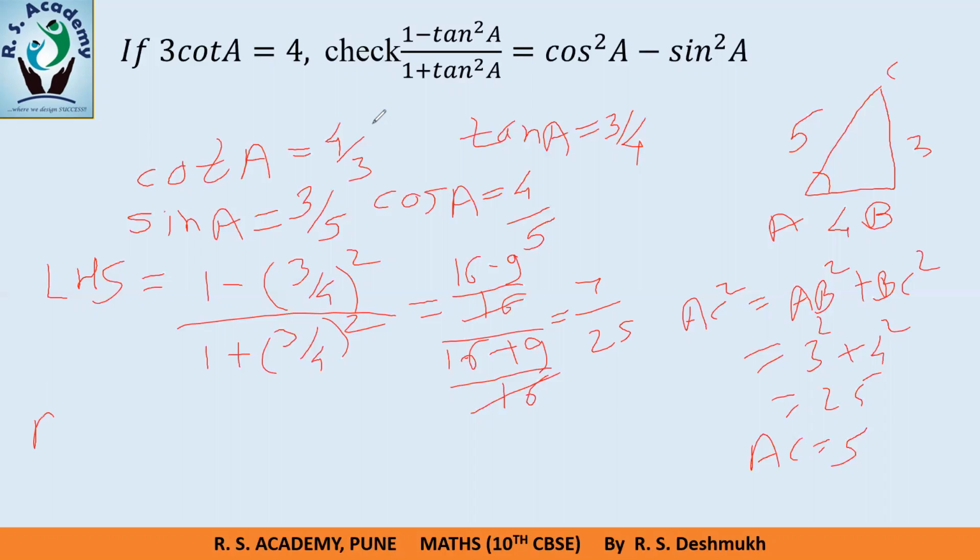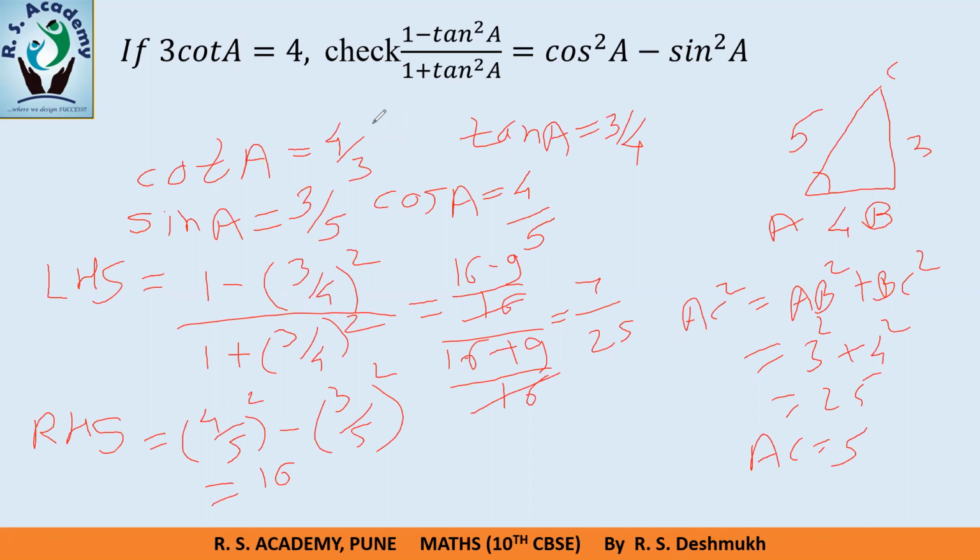Now I will solve RHS similarly. RHS is cos square A minus sin square A. Cos square A is (4 by 5) square minus sin square A, which is (3 by 5) square. So again the same thing.